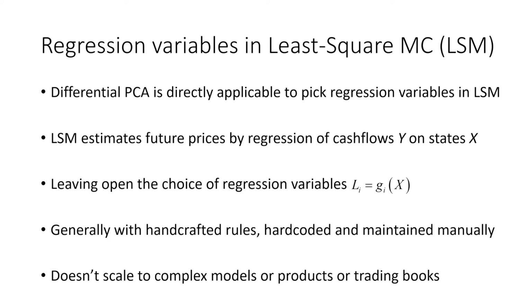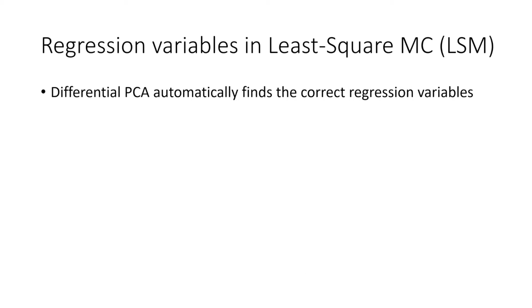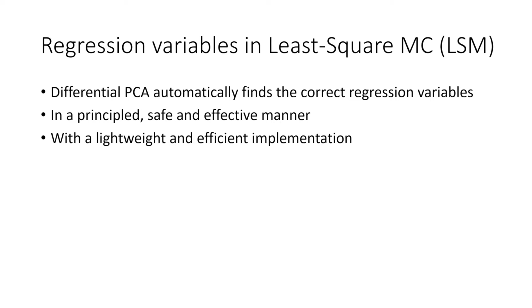This is based on more or less reasonable guesses, prone to error, and hard to scale to complex models or complex transactions, and certainly to trading books. Differential PCA provides a direct and explicit solution by finding the correct regression variables automatically in a principled and effective manner with safety guarantee and a lightweight and efficient implementation.